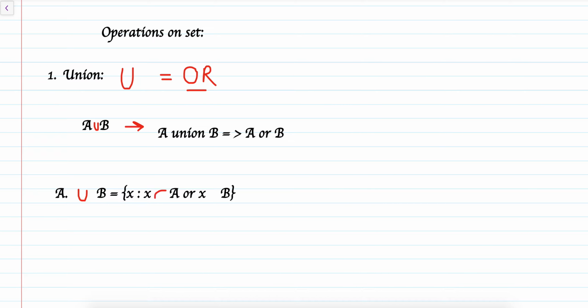In the last lecture I had said that this symbol means belongs to. So A union B is a set of elements X such that X belongs to A or X belongs to B.